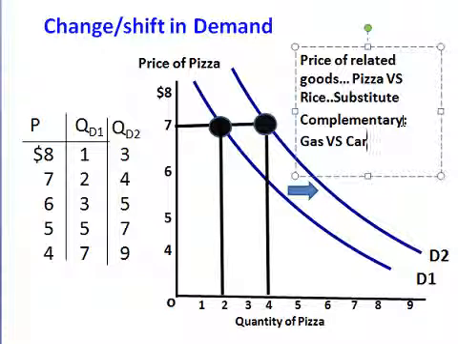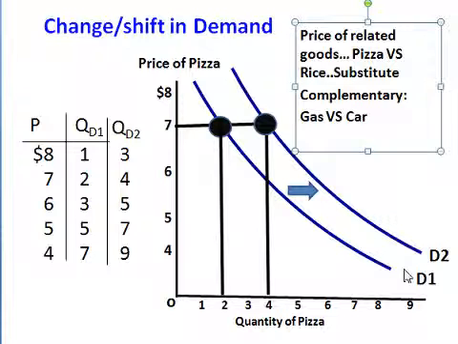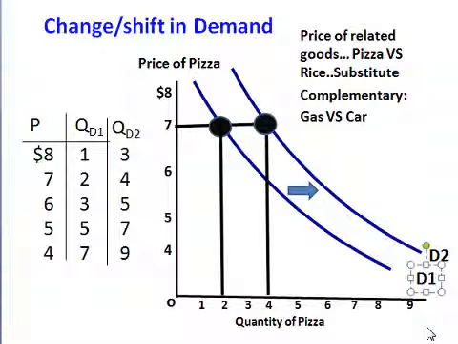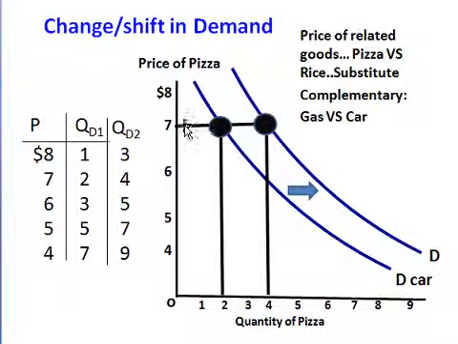They are complementary products, not substitute products. Okay, now suppose this one is the demand for car, not pizza, we assume, demand for car, right? Suppose we are here. So suppose this one is the price of the car, and we buy two cars. Suppose we assume, right?